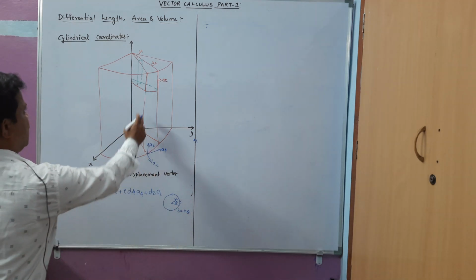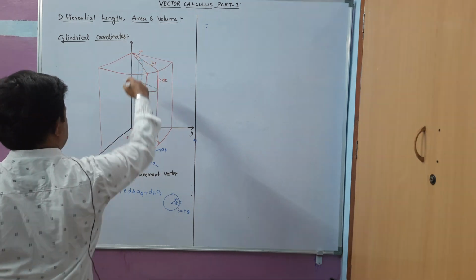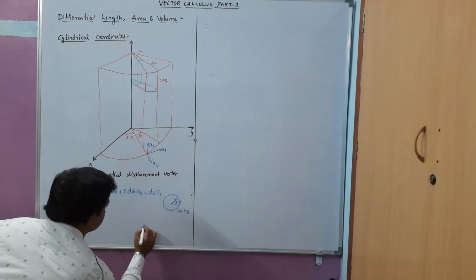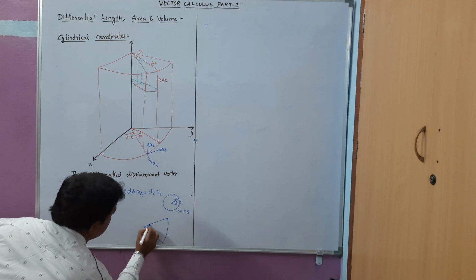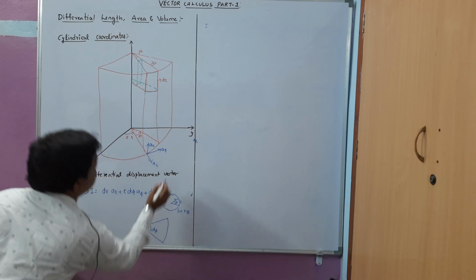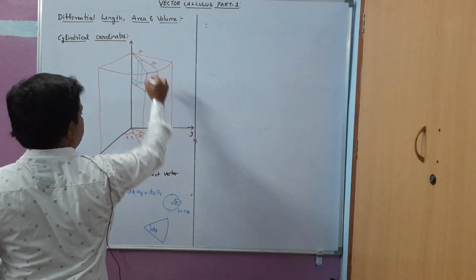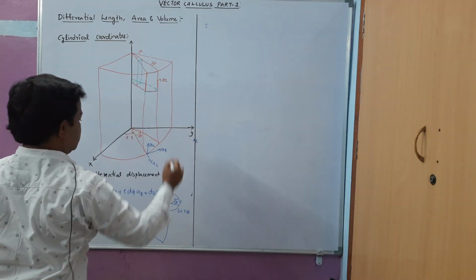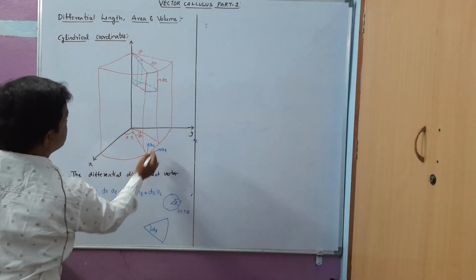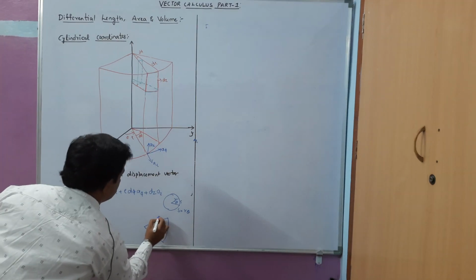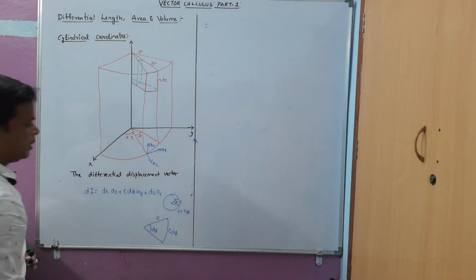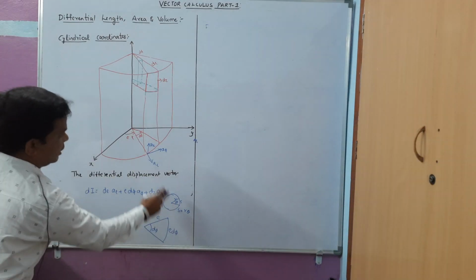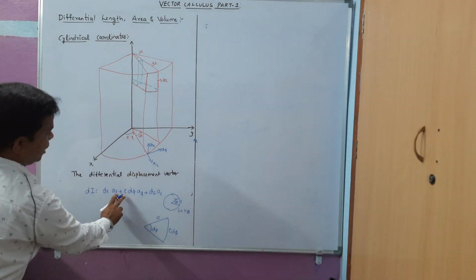Similarly here, the length of the arc, with the differential displacement d phi and this being the rho axis, will become rho d phi.